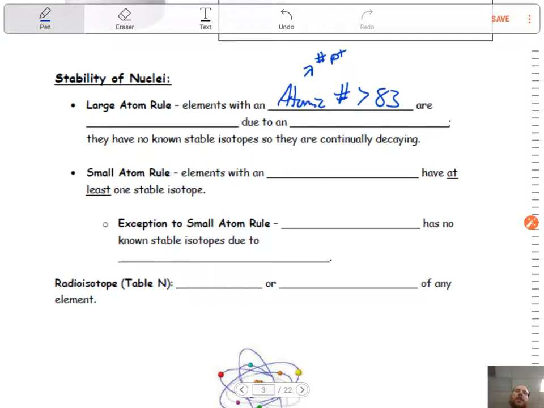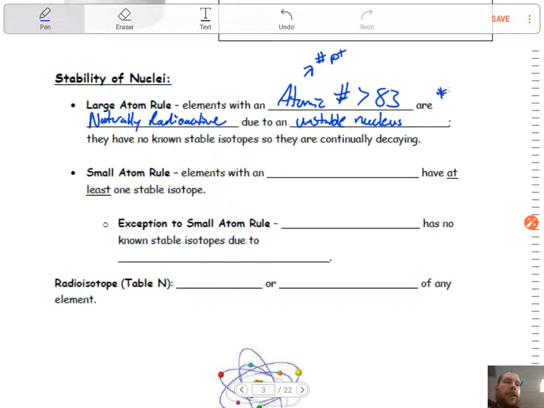All right. So if we have a greater number of protons than 83, these elements are naturally radioactive, due to an unstable nucleus. Now you might be thinking, what makes them unstable?